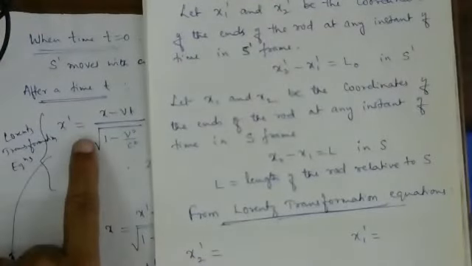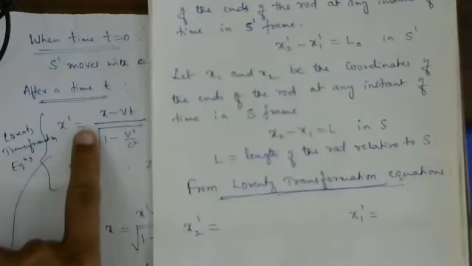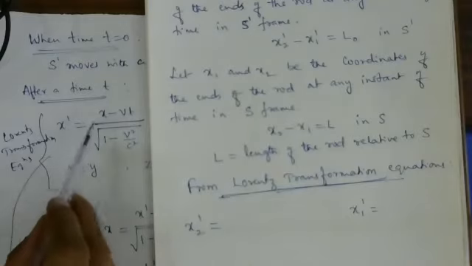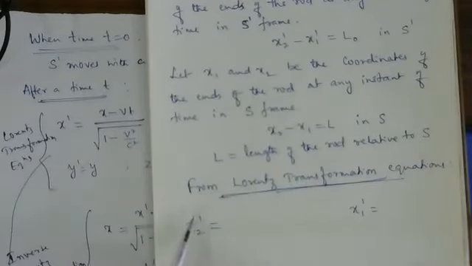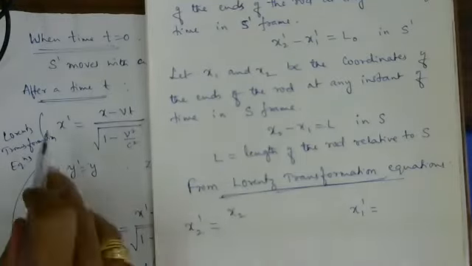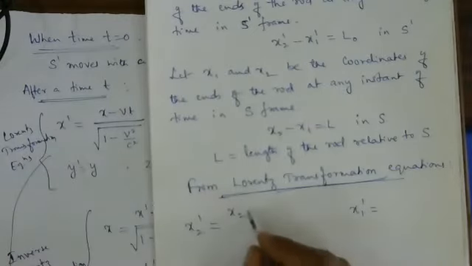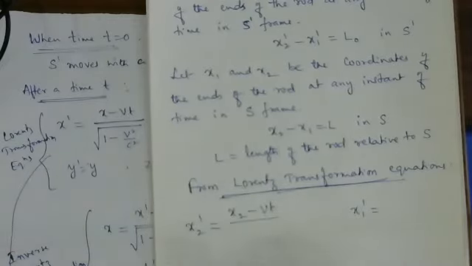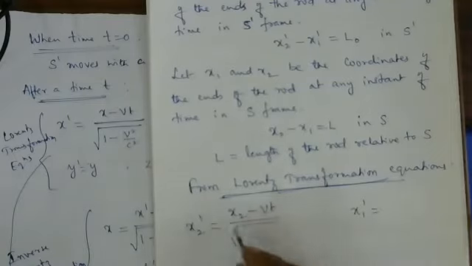Apply this Lorentz transformation equation here. If x2 dash is there, what do I have to write? x2 dash is x2 minus Vt, divided by the square root of 1 minus v square by c square, under the whole square root.